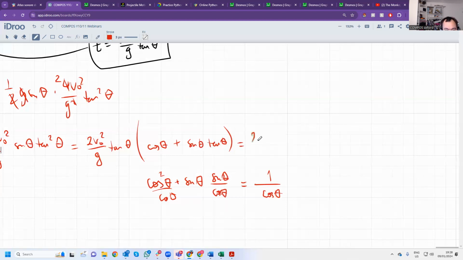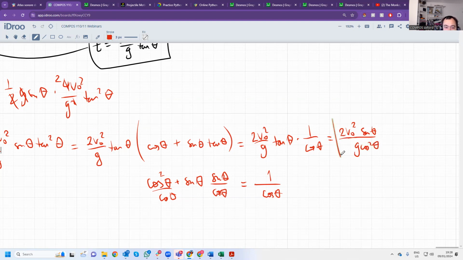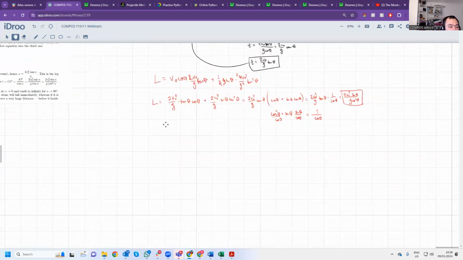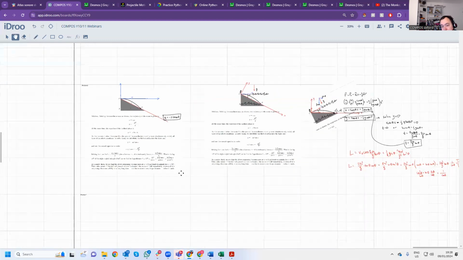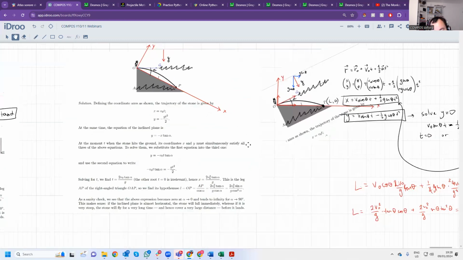So this is going to be 2v0 squared over g tan theta multiplied by 1 over cos theta, and tan is sine over cos, so it's going to be 2v0 squared sine theta over g cos squared theta, which is the same answer as before. So I've done it in a different way. It's a completely different approach.